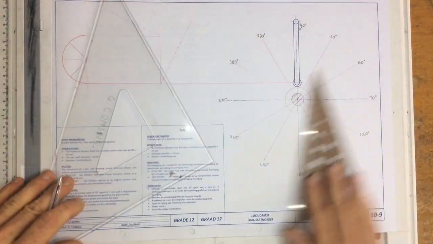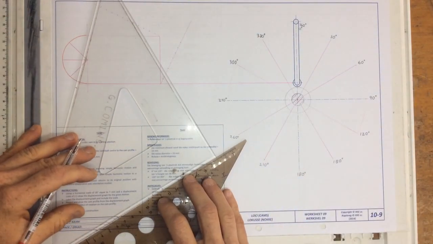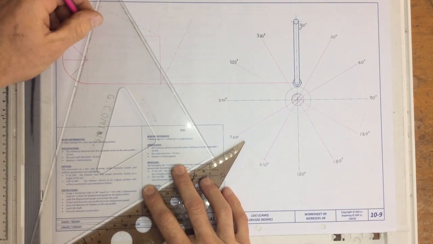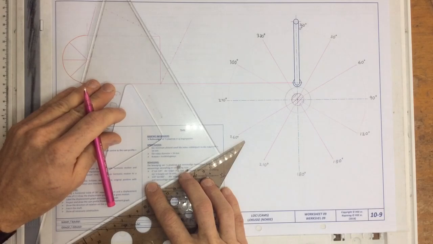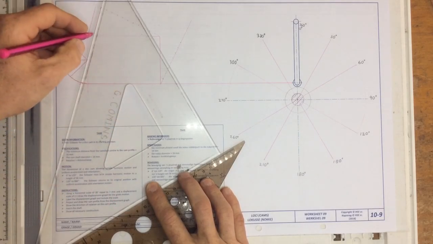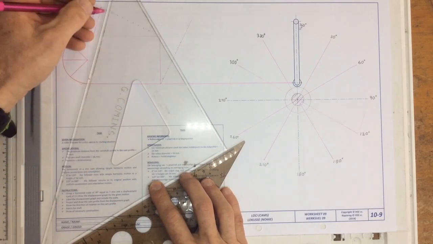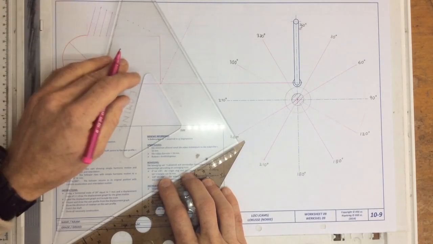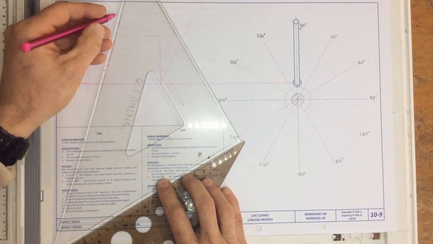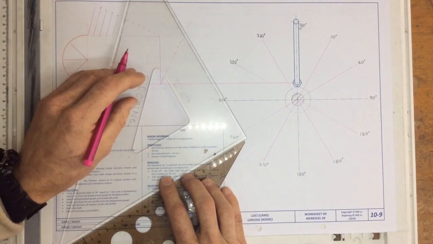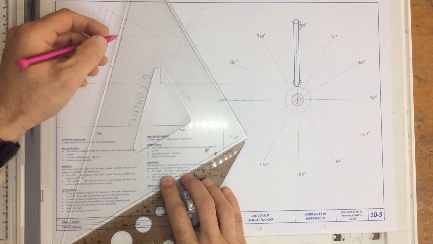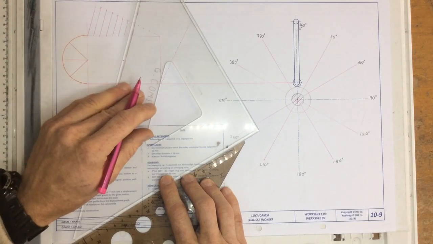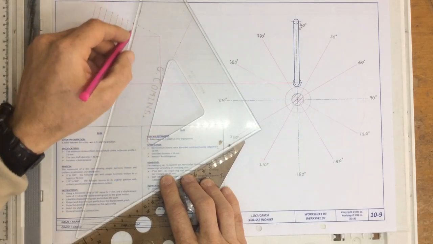You're going to take your set squares and link them up like that and draw little lines coming down, keeping that same angle the whole way down so that you can get your 12 equal parts over here. Make sure you move and you don't change that angle, otherwise it's going to be a mess.